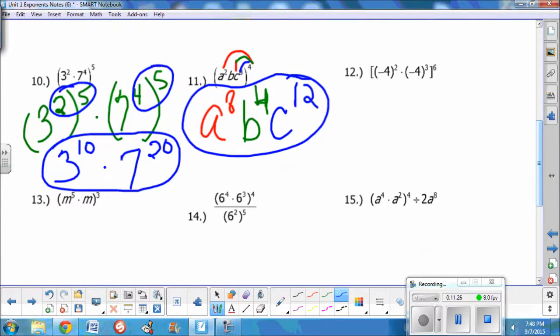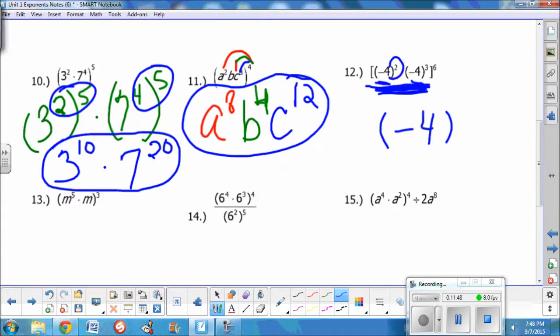Taking a look at 12, negative 4 squared times negative 4 to the 3rd power, all raised to the 6th power. Negative 4 and negative 4, those are like bases. So our base is negative 4, but let's take care of what's inside the parentheses first. When you multiply, what do you do with exponents? You add them.